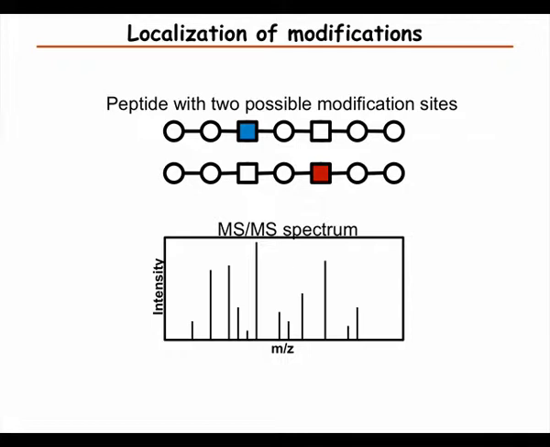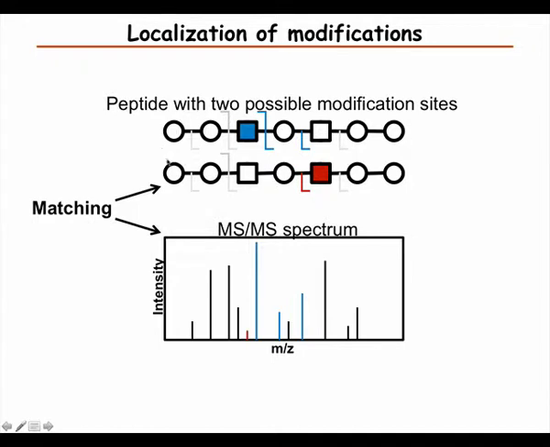Then we measure a fragment mass spectrum of this, and then we do the assignment. Here we see that for the blue location, we have three peaks, these three blue peaks that correspond to it. The only thing distinguishing these two sites are, of course, the fragments in between the two sites.